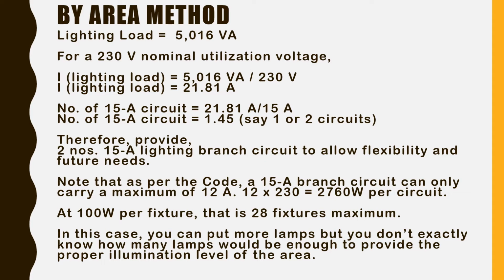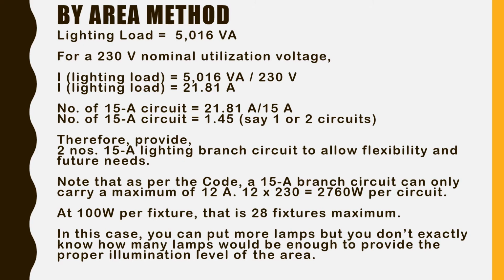So let us calculate the wattage. If we have 12 amperes maximum times 230, we have 2760 per circuit. So this is the wattage that we can apply in this 15 ampere circuit, 2760 watts only. At 100 watts per fixture, for example, per lighting set or luminaire, that will be 28 fixtures.